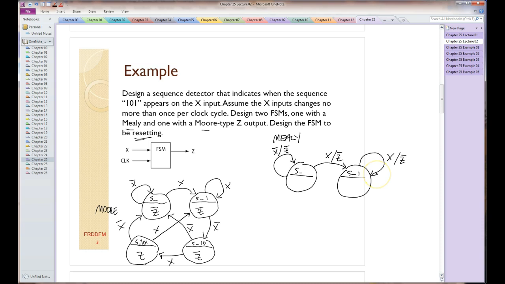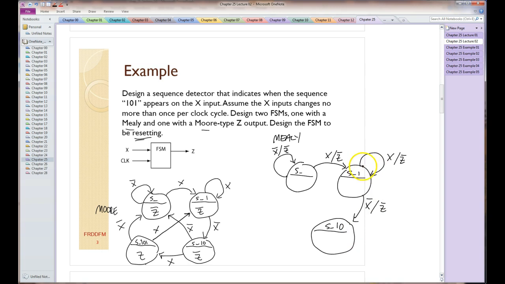Output is still 0. If I get an X bar, that's part of my sequence. It's still not the full sequence, so the output Z is a 0. And I'll come to this state, and this is S underscore 1, 0. Remember, here's 1, here's 0, and looking good.